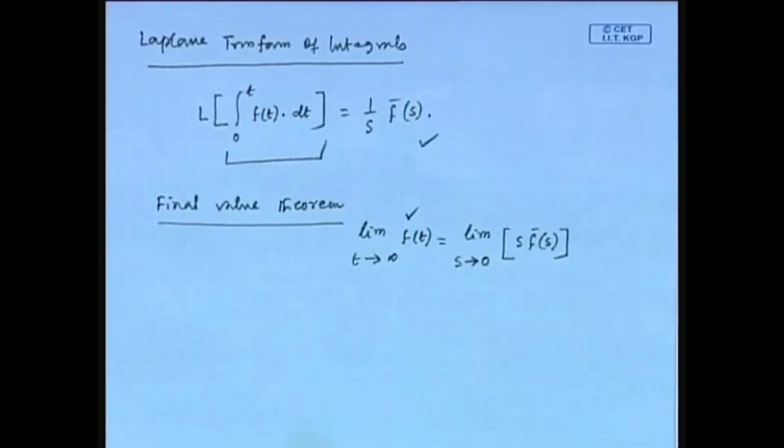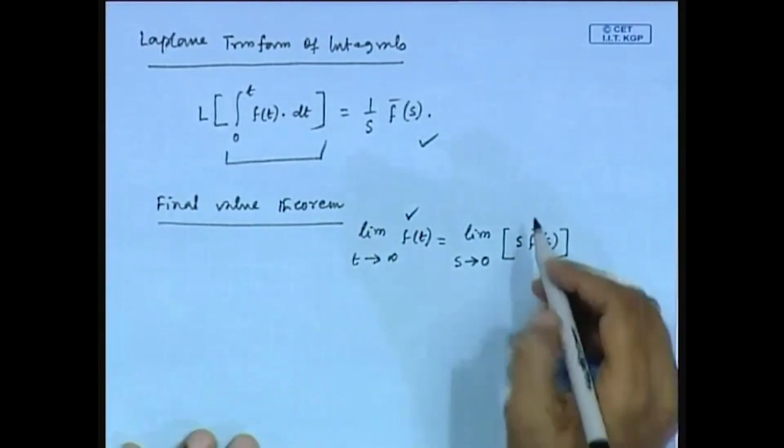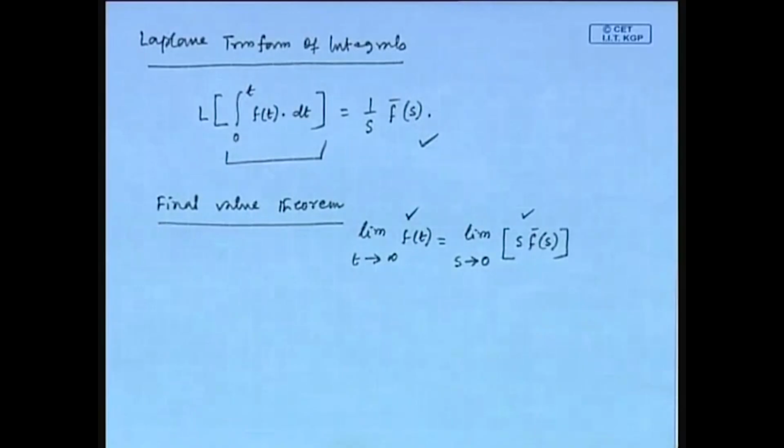If our modeling equations are in the time domain, then we have to consider the left side. If our modeling equations are converted to the Laplace domain, in that case we have to consider this. Fine.